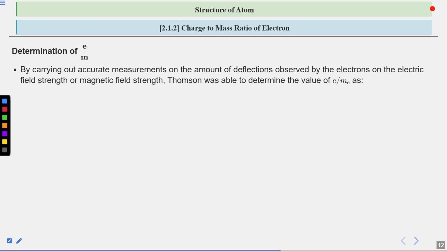He tried to balance the trajectory of the electron by applying a proportionate amount of electric and magnetic field.